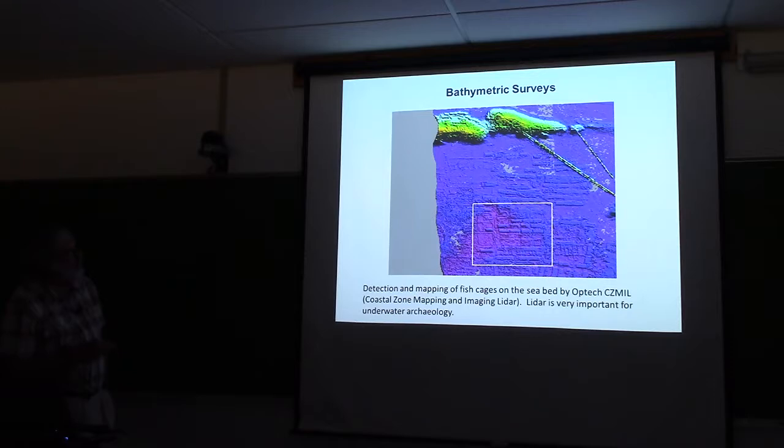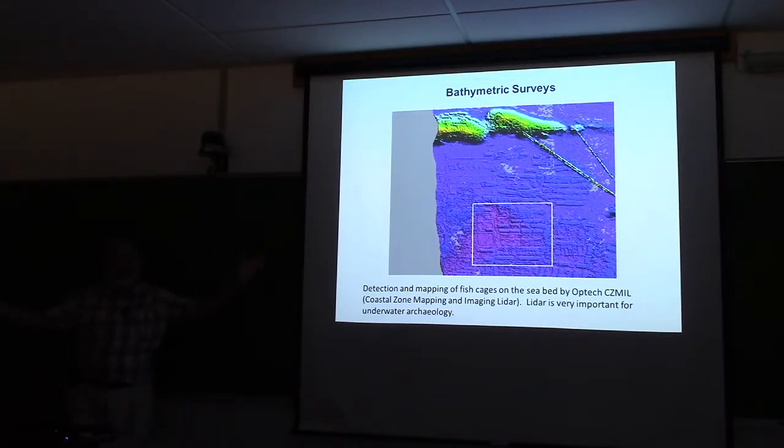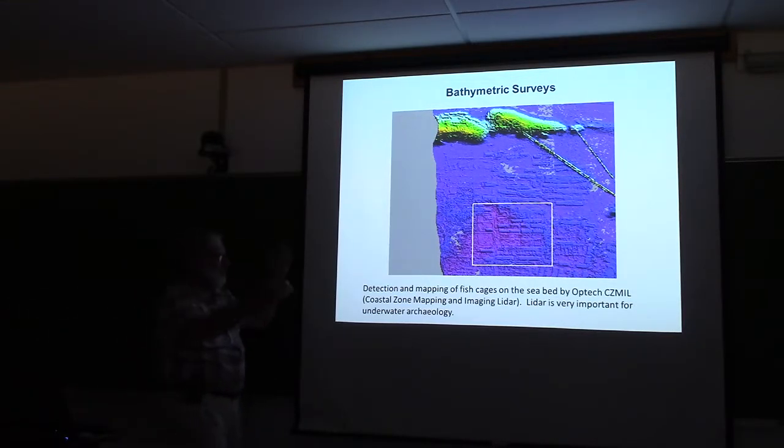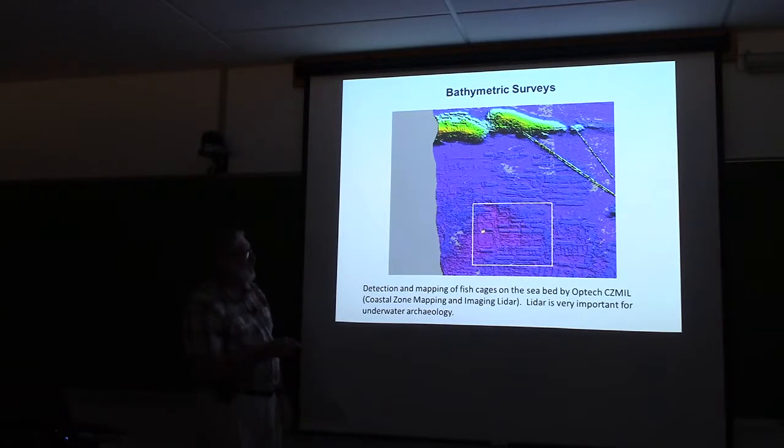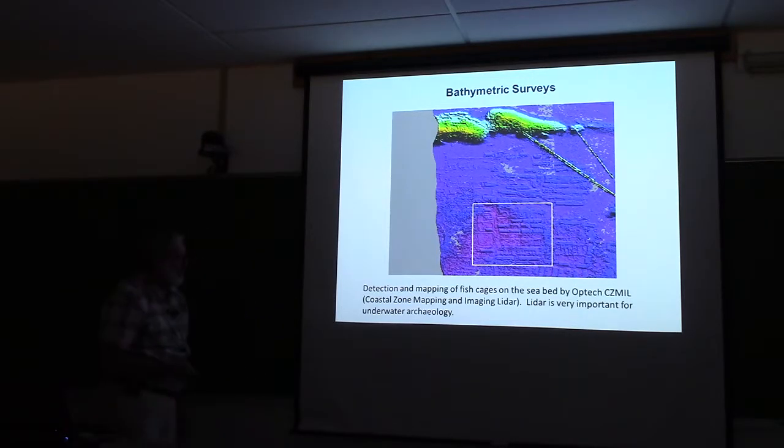Here's land, there's seabed here. There's some kind of obvious structure there, a kind of rectangular grid, and you say, wow, it's the sunken city of Atlantis and I found it. And you go out to validate it, and it turns out it was fish cages on the bottom. So it wasn't really Atlantis.